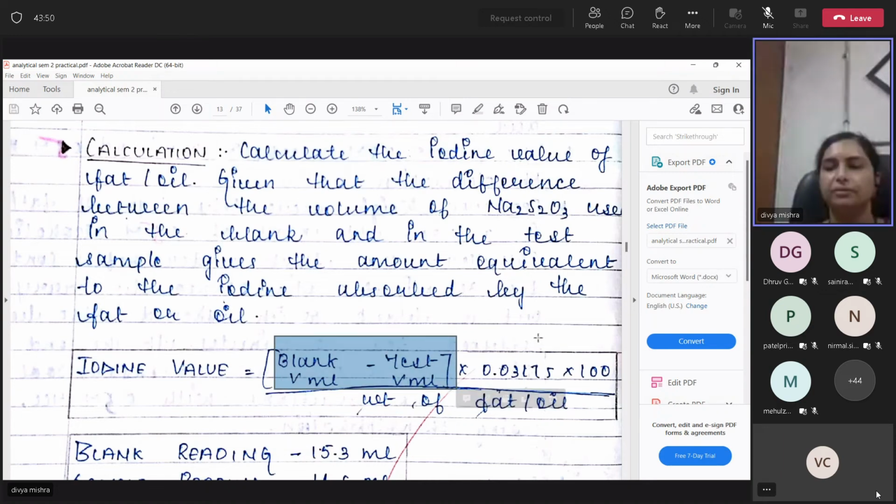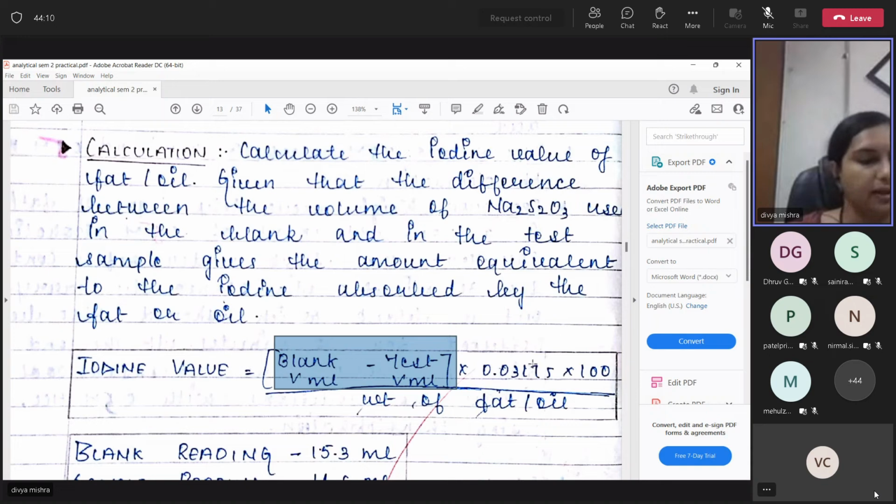Then afterwards, we have to multiply it with the factor they have given, 0.03175.